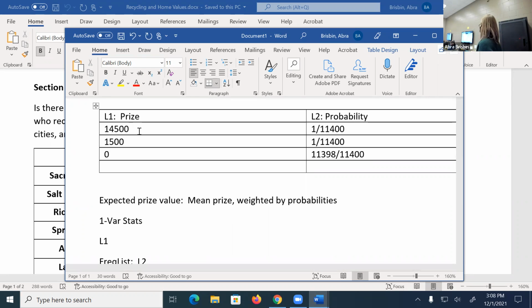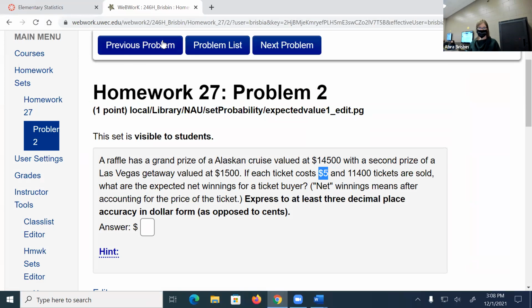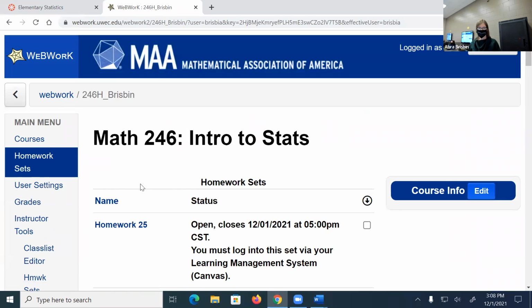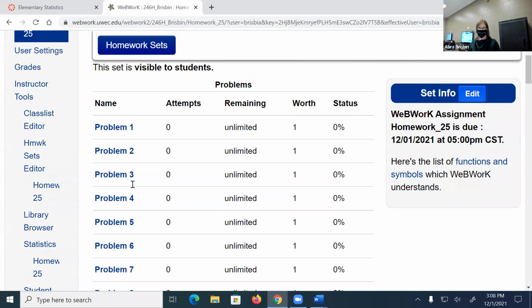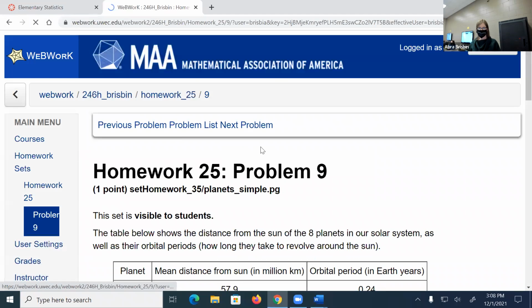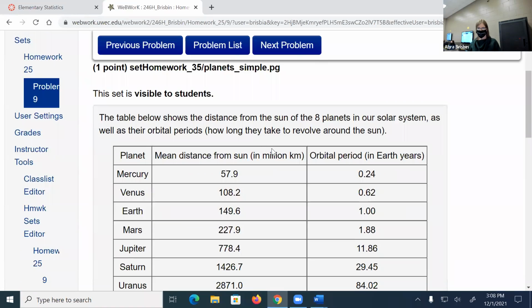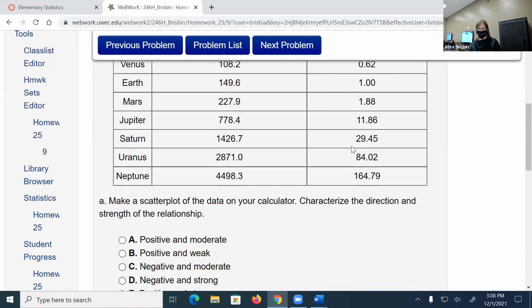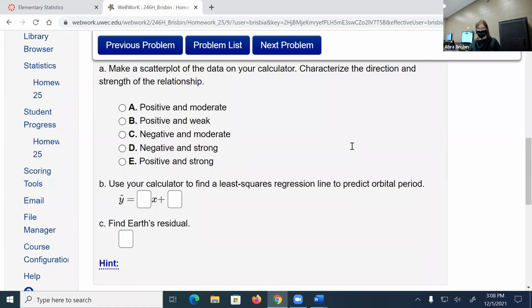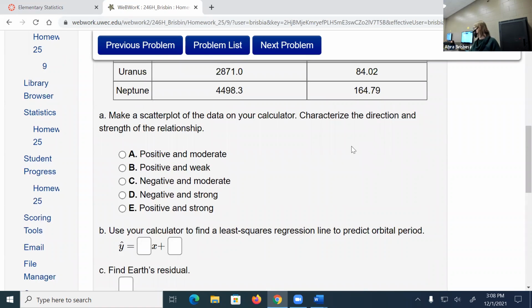Other questions about the homework? Mary. Homework 25, problem 9. Okay, so we have the distance of planets and their orbital periods. And any particular part of this one?